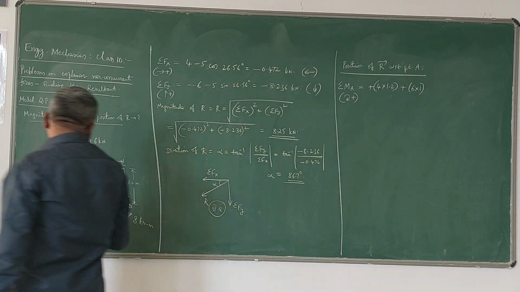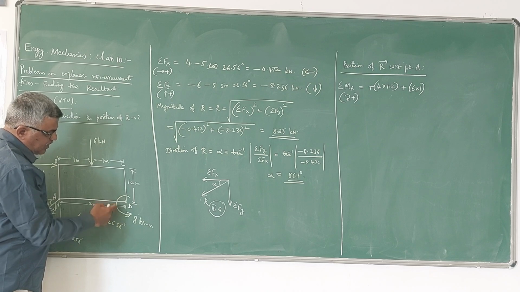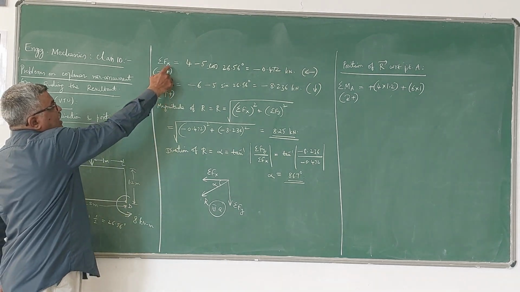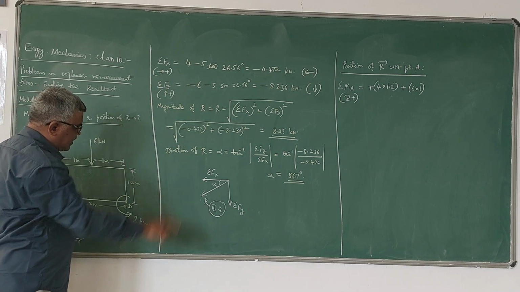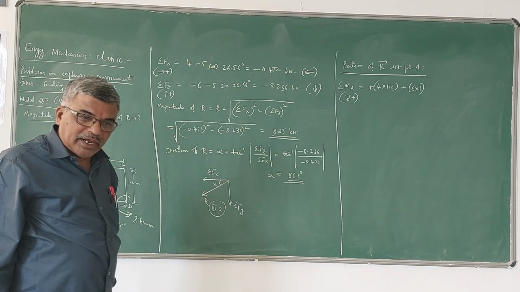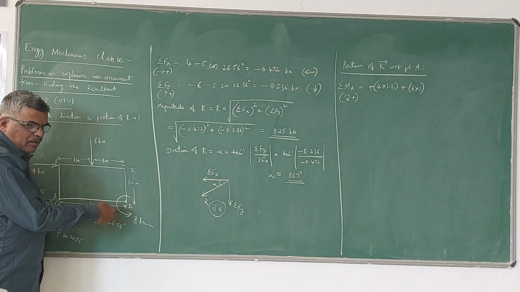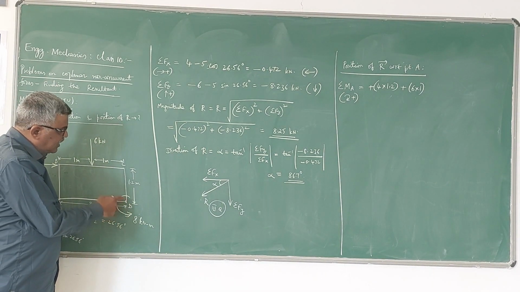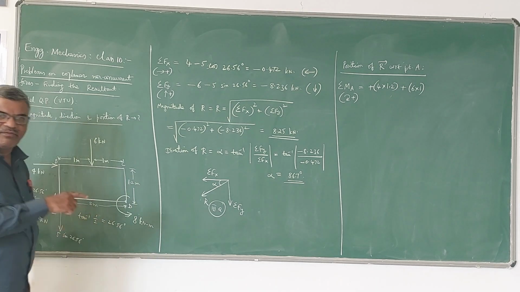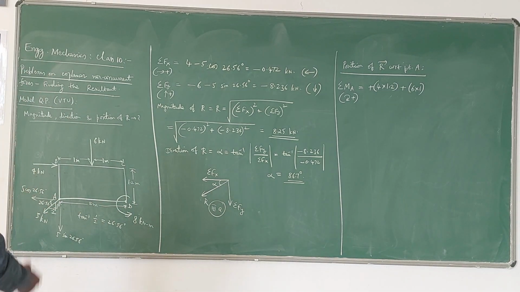Then this moment we have to consider now. Please note that this moment we are not taking when you are writing sigma Fx, sigma Fy, but when you are finding the moment about any point, we have to consider that moment. One property of this couple is that wherever it acts, its effect remains the same. That is the characteristic of the external moment or couple.